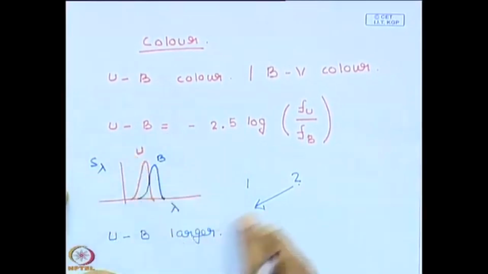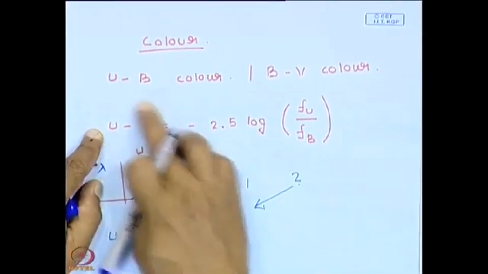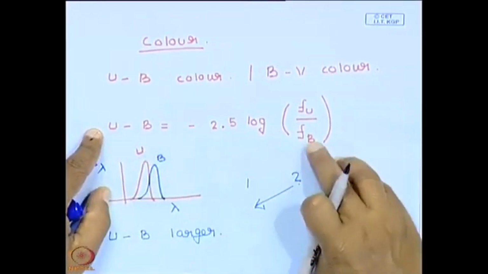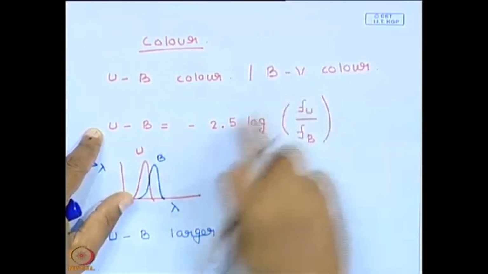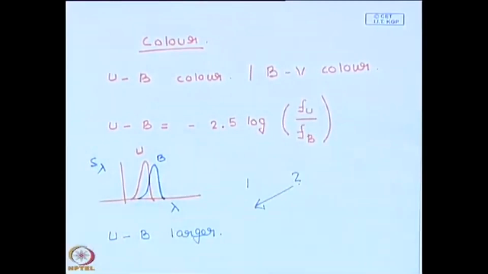This is more for the second source. It tells us that for the second source this ratio is smaller, the blue has more flux than the ultraviolet. So this implies that source 2 is redder, right. Ultraviolet less, so it has more of the larger wavelength component, which is what we refer to as redder.